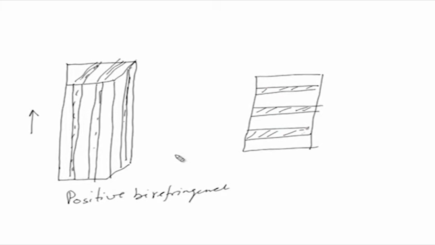So, this could be another arrangement, and this is called negative birefringence, and here the vector will be in this direction, which will be passing through the negative birefringence. So, you have two kinds of arrangements: positive or parallel arrays, which show positive birefringence, and the negative or stacked disk, which shows negative birefringence.